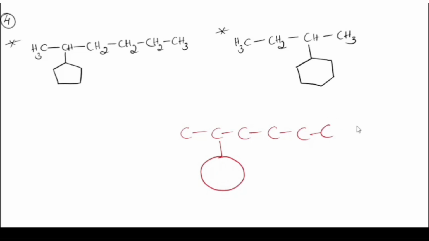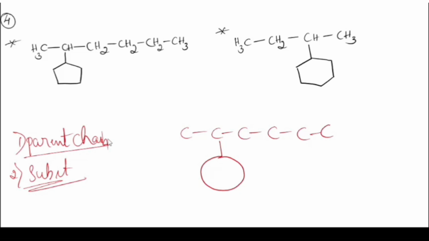In this case the first thing we have to identify is the parent chain, and which one is the substituent. Here we have the ring and there is a chain also. Between these two, which one is the substituent and which one is the parent chain?